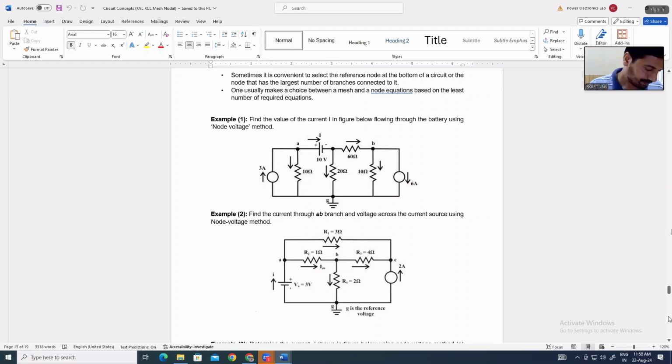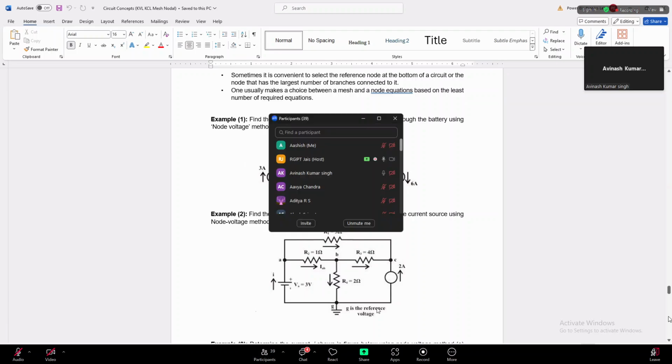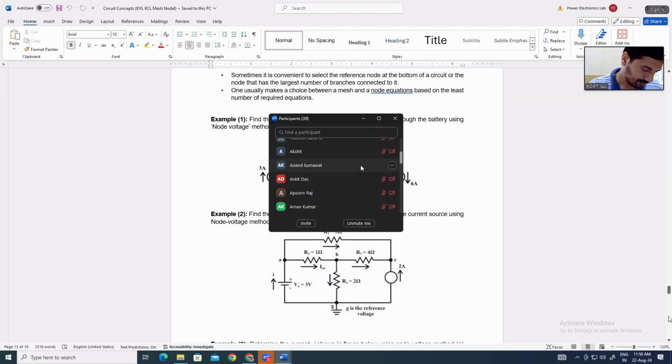Akshit Taneja, present, sir. Anand Kumawat, present, sir. Ankit Das, present, sir. Apurva Raj, Arnav Kumar, present, sir. Avinash Kumar Singh, present, sir. Ayush Kumar Singh, present, sir. Gaurav Tiwari, present, sir.